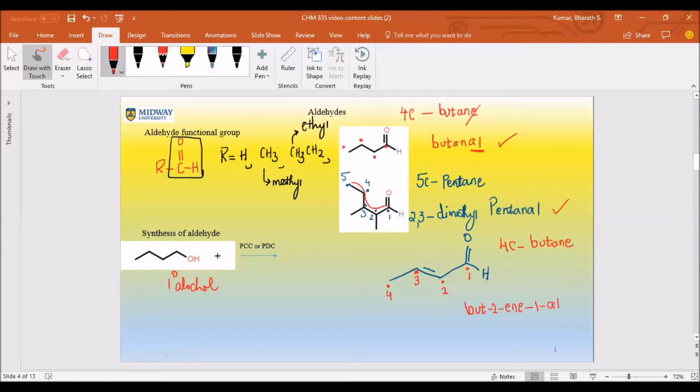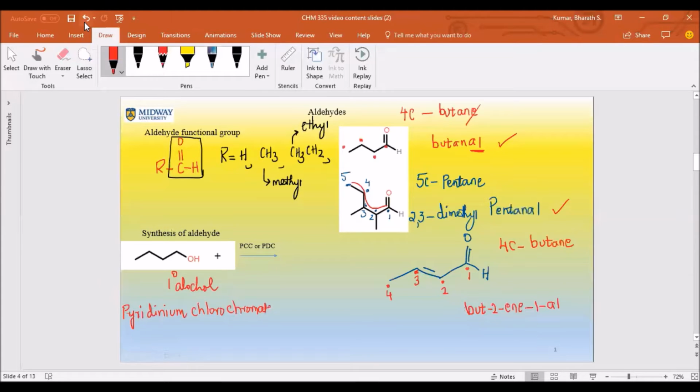Now, what does this PCC and PDC stand for? PCC stands for pyridinium chlorochromate. Pyridinium, you don't need to remember this, but good to know the information. Pyridinium chlorochromate. It's an oxidizing agent, okay?